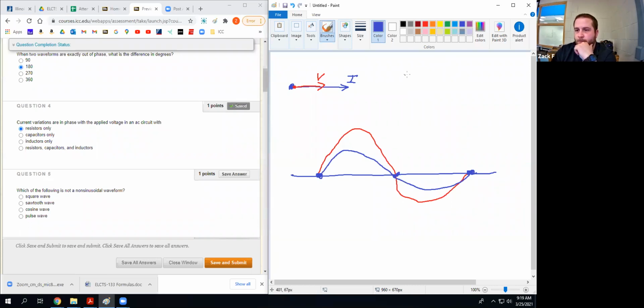So think of it this way. An AC circuit with only a resistor in it. What ends up happening that we'll find out in future chapters is if you put a capacitor in that same circuit, this sine wave starts to shift a little bit.